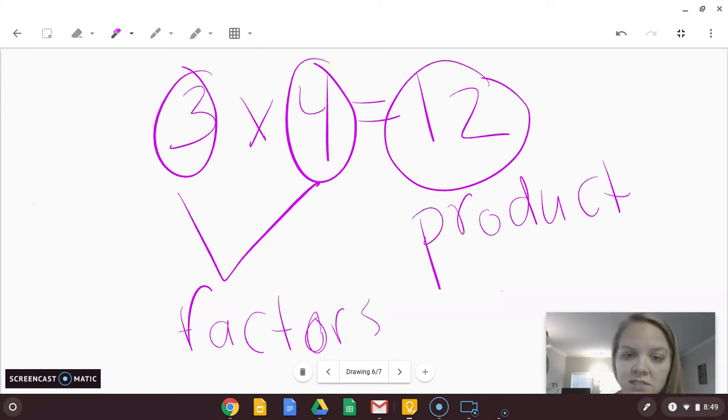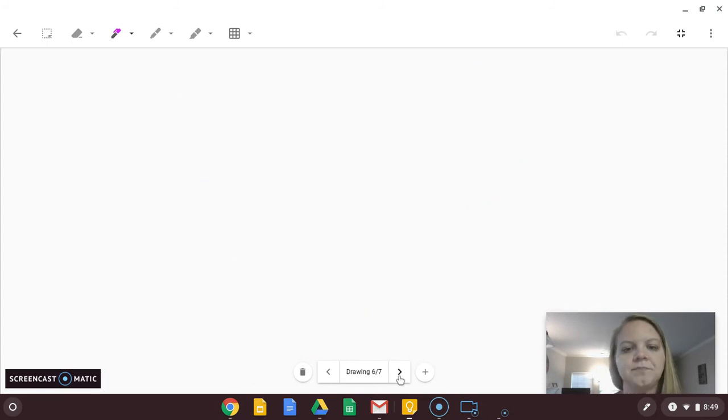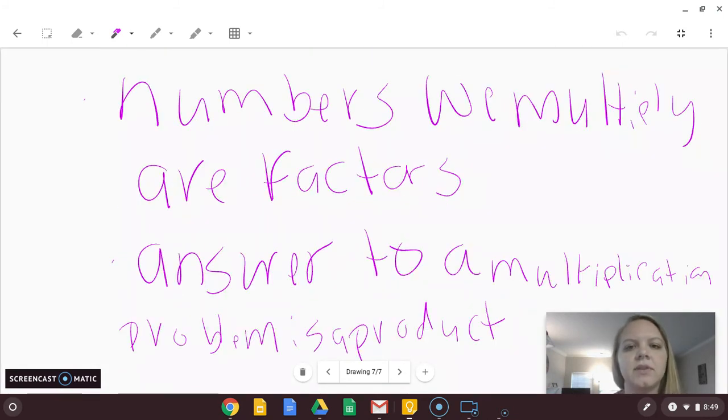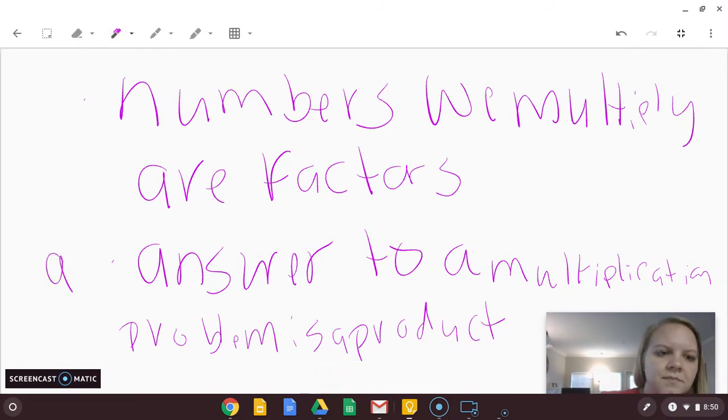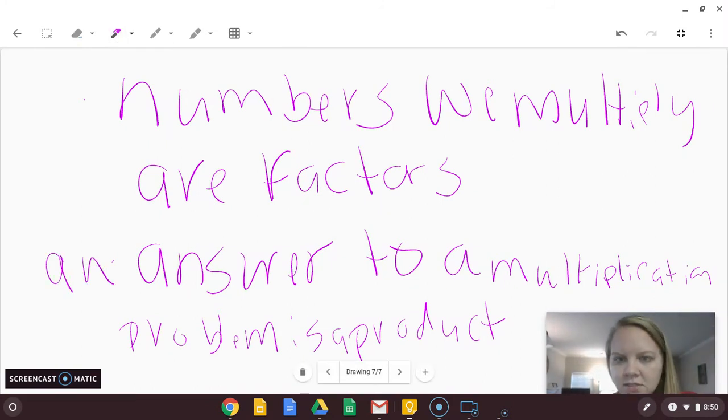Except this is multiplication, so we have 2 factors, and we have a product as the answer. Okay, so I rewrote that. The numbers we multiply are factors. An answer to a multiplication problem is a product.